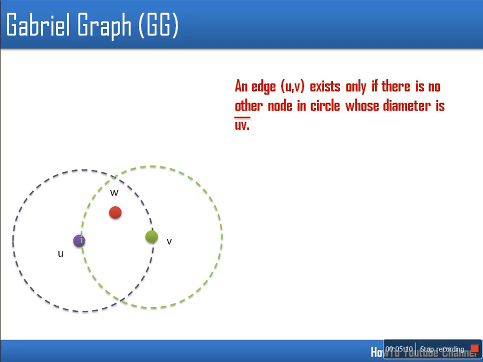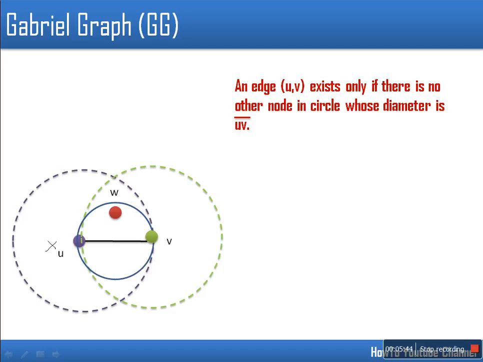So if we draw a circle by assuming this is the diameter of that circle, this statement says that if there is an edge between U and V in the graph, that edge will exist only if there is no other node in the circle whose diameter is UV. In this scenario, you can see node W is inside the circle. So in that case, edge UV has to be removed from the graph.